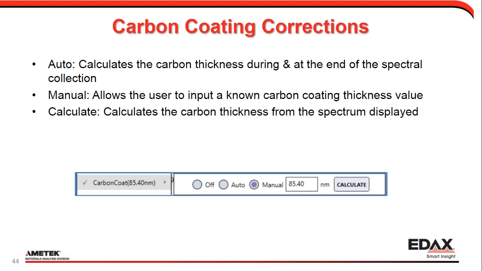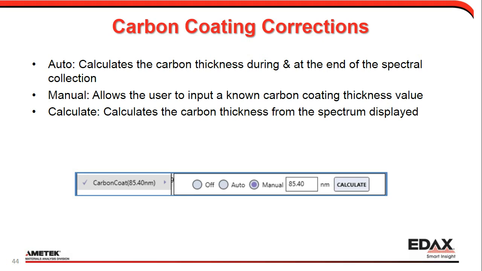Manual is used when you know the thickness of the carbon coating. If your sample contains carbon, carbon from the coating will be deducted from the Quant results, and the carbon weight percentage will be adjusted accordingly. Calculate is used to calculate the carbon coating thickness from the spectrum displayed.